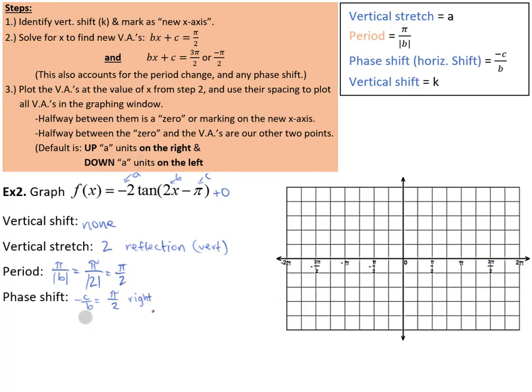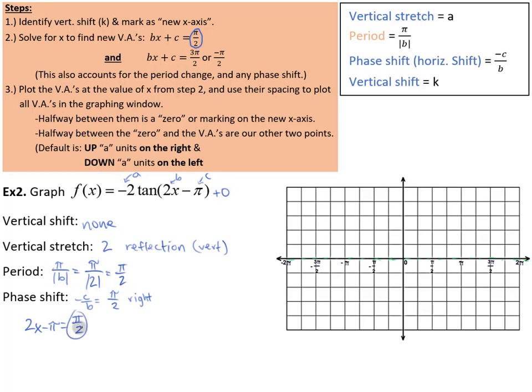Now to actually graph this, the first thing we do is graph where our k value is if there was a vertical shift, and since there is none, the x-axis plays itself. Next up, let's solve our two equations. When does the inside, 2x minus pi, equal pi over 2?